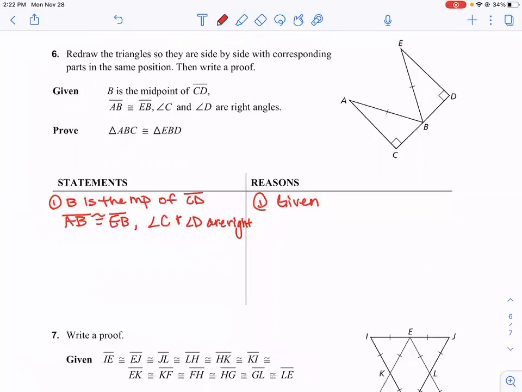Did we figure anything out? Okay, well, we have this guy right here. It is not SAS. No, it's the hypotenuse, HL. Oh, yeah, if they're 90. Okay, so we know that the hypotenuses are congruent because of this statement right here.